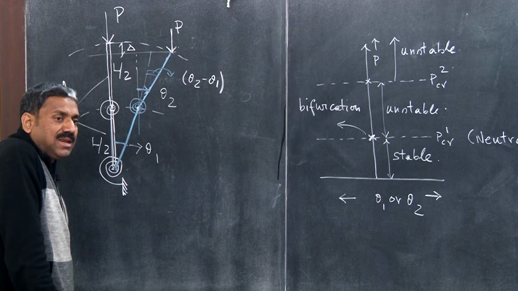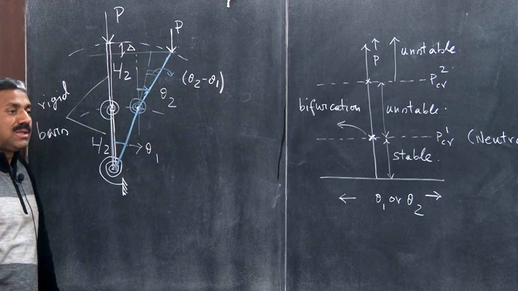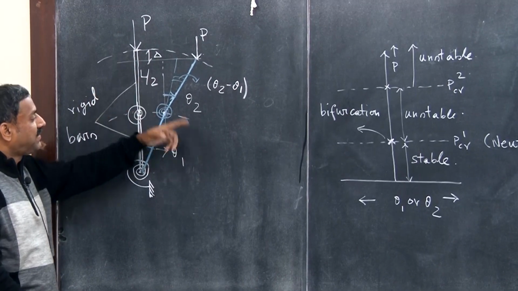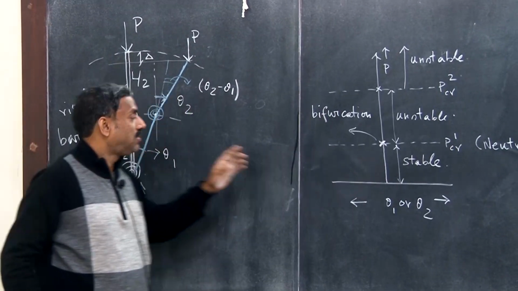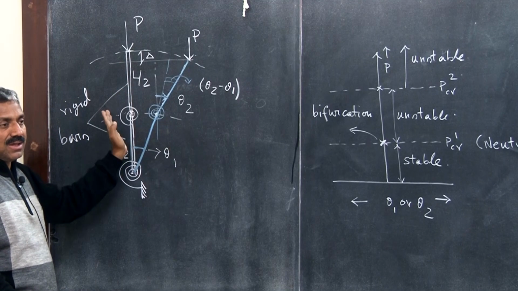Earlier it was not distinguishing between sides, which is why you call it breaking of symmetry, because earlier it was symmetric: keep it here, as long as P is less than this one, it will come back to this position, which is symmetric.